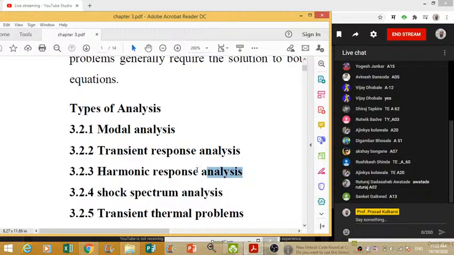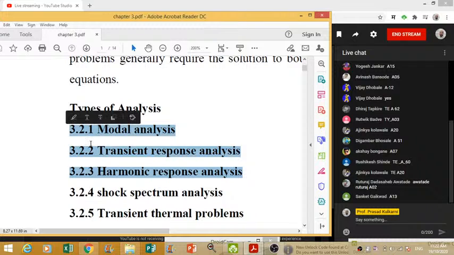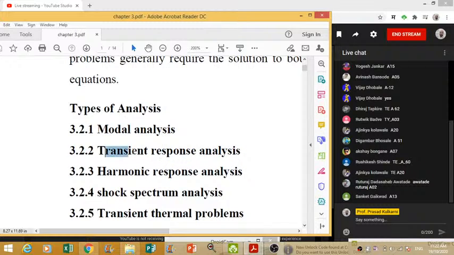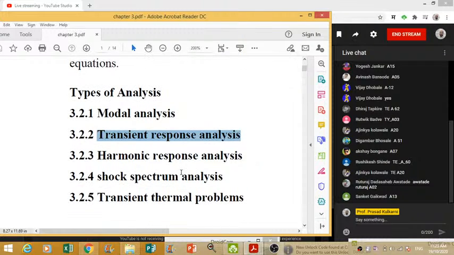These three types of analysis are basic types, and later on the transient type of analysis was improved a little bit. Then shock spectrum analysis came into the picture, then transient thermal analysis came into the picture, and many more types of analysis came into the picture.